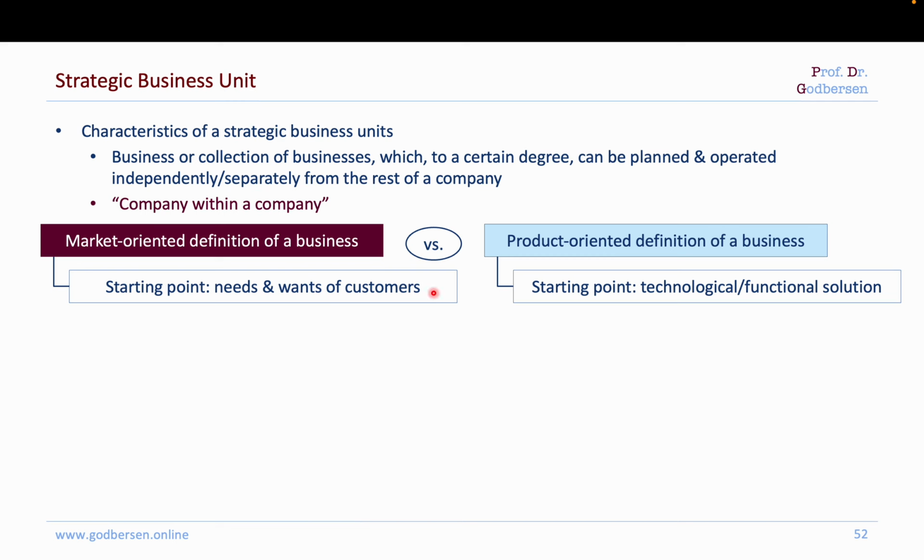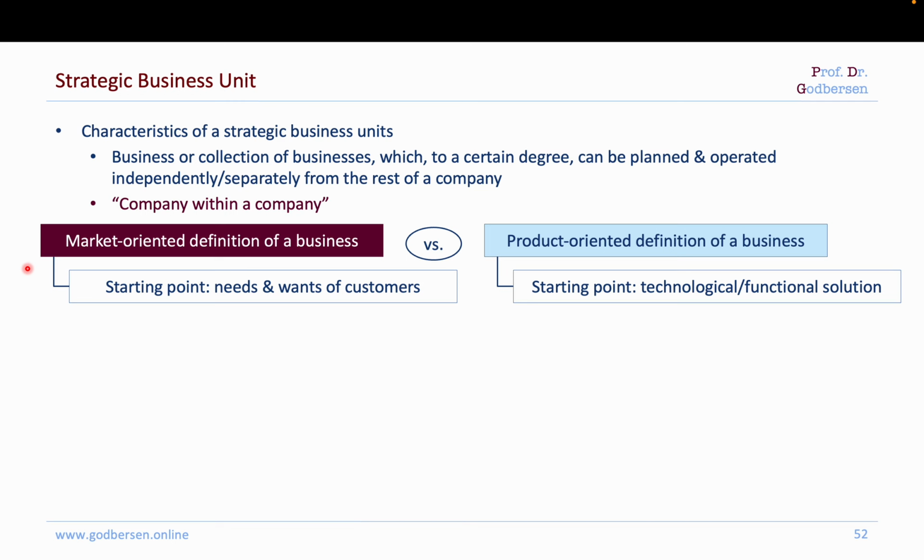Or you can define a product from the product point of view, and you're starting there from the technological or functional solution. Generally speaking, I would always advise you to use a demand-based or market-oriented definition of a business, as the customer eventually decides if we are successful or not with our business through buying and not buying.